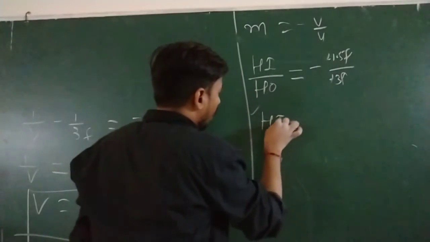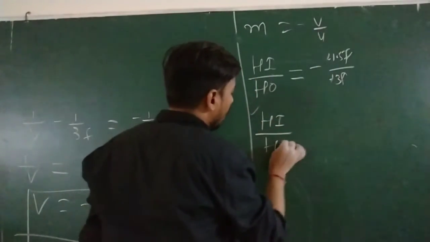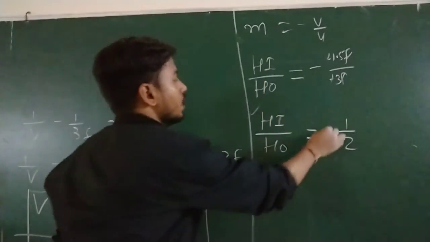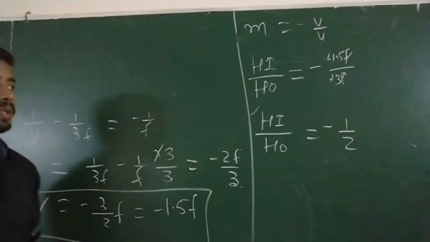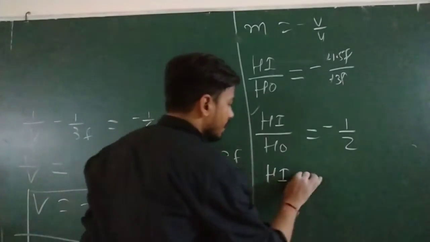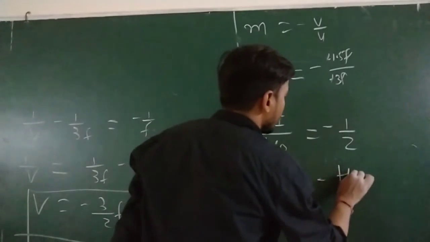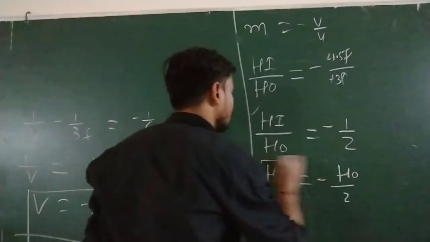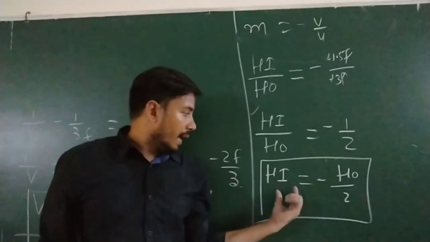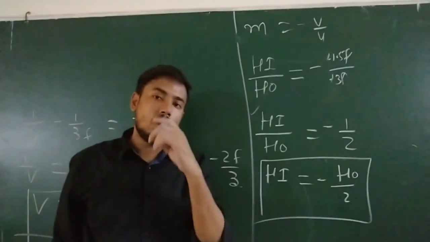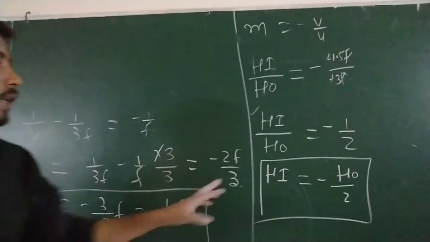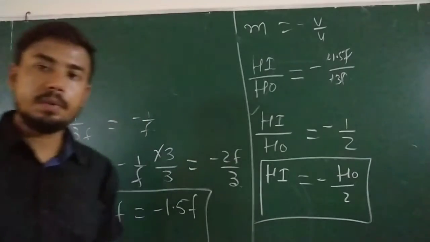So height of image divided by height of object is minus 1 by 2. So height of image is equal to minus height of object by 2. This equation represents that the image will be half of the object height. Suppose the object is 5 centimeter, so the image becomes 2.5 centimeter.